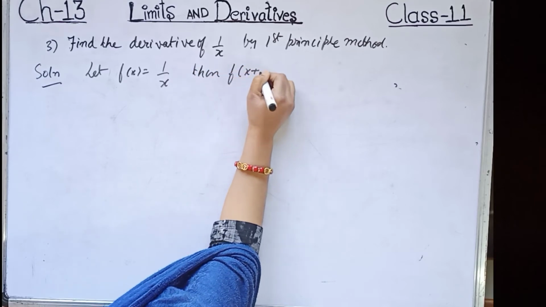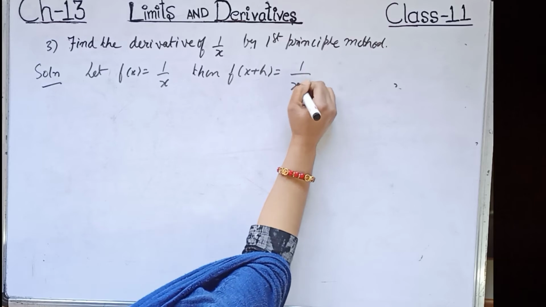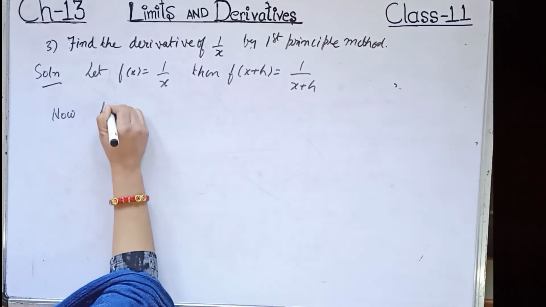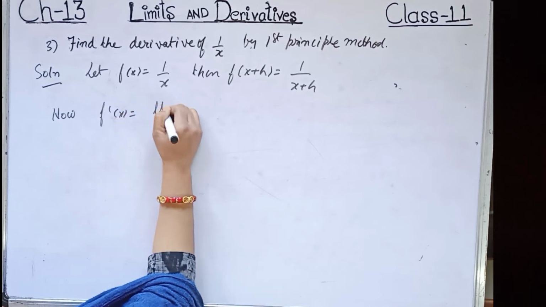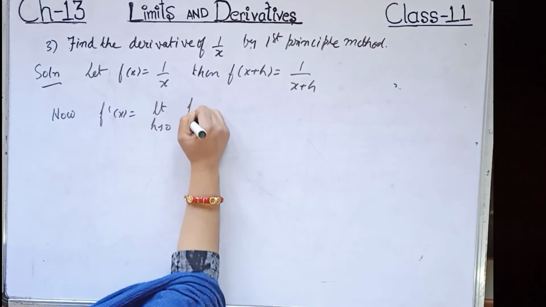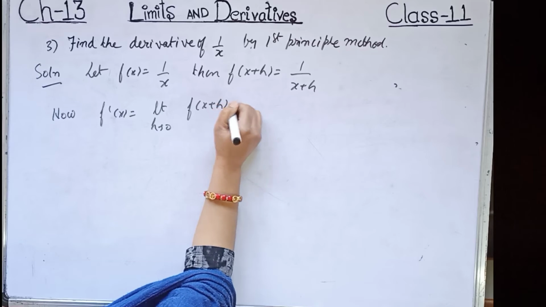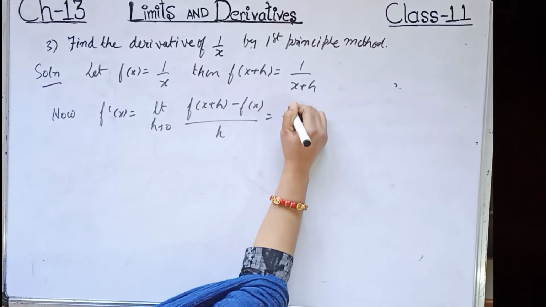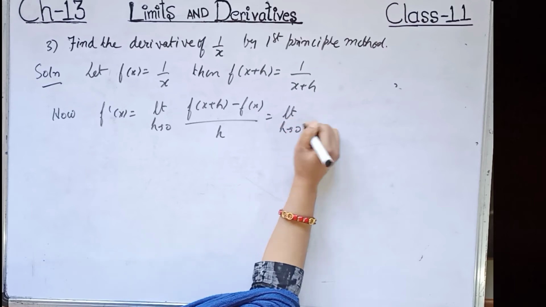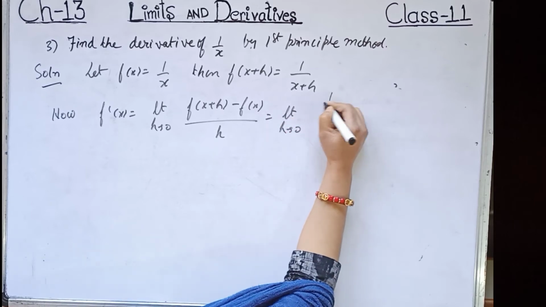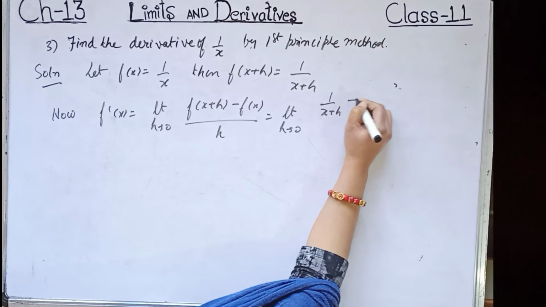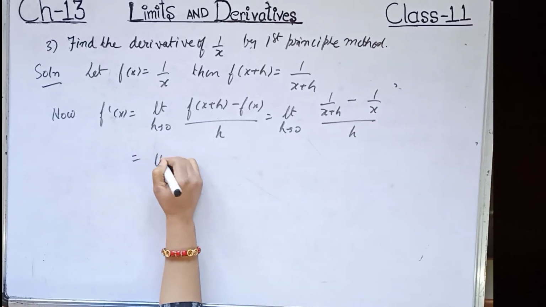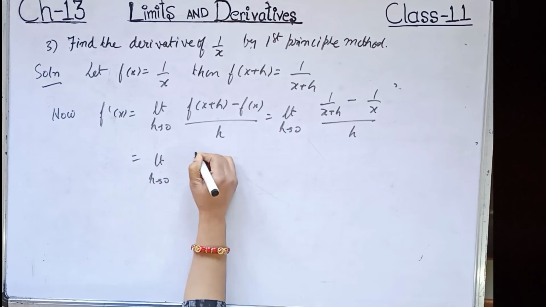Then f of x plus h equals 1 by x plus h. Now f dash x equals limit h tending to 0 f of x plus h minus f x divided by h, equals limit h tending to 0 1 by x plus h minus 1 by x divided by h, equals limit h tending to 0.